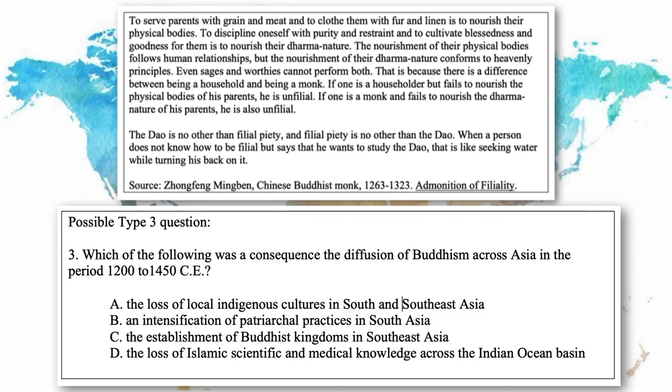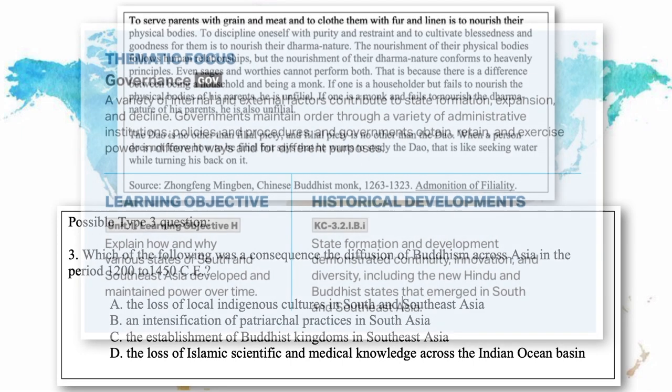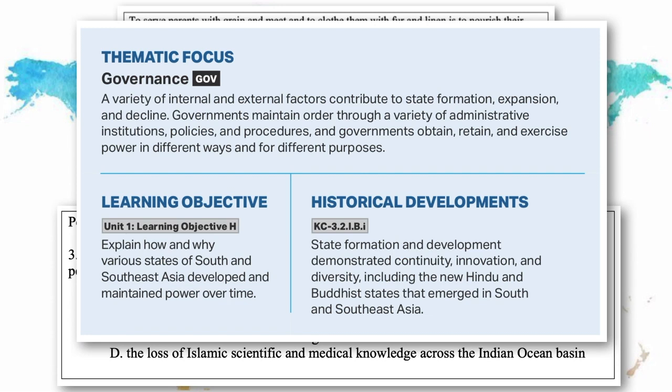And here's the location of that in the CED. This is on page 43 of the course and exam description, and it's topic 1.1. State formation and development demonstrated continuity, innovation, and diversity, including new Hindu and Buddhist states that emerged in South and Southeast Asia. So there are 3 styles of questions on the AP test.